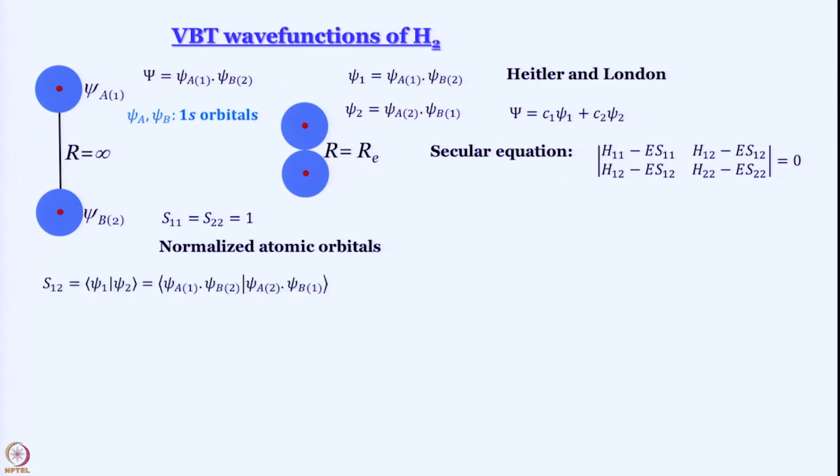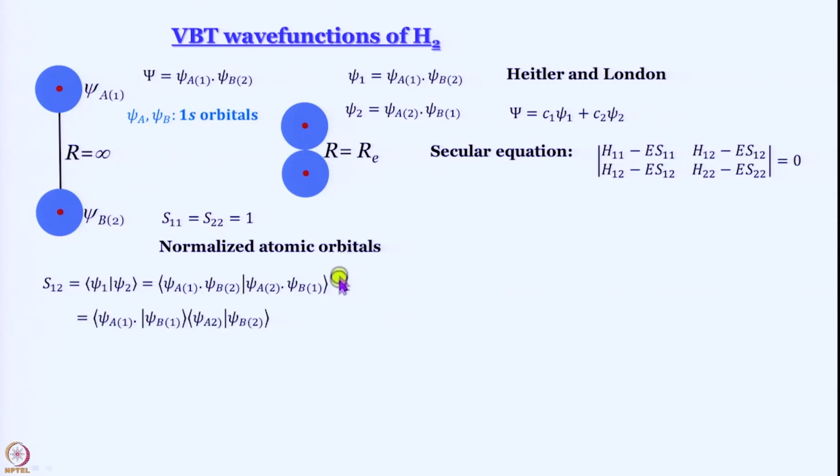Okay. What is S12? S12 is integral psi 1 psi 2 over all values of r. So, I write down the expressions for psi 1 and psi 2, psi a1 psi b2 multiplied by psi a2 psi b1 integrated over all values of r. And remember this also has to be a double integral because there are two kinds of coordinates, one for 1, one for 2.